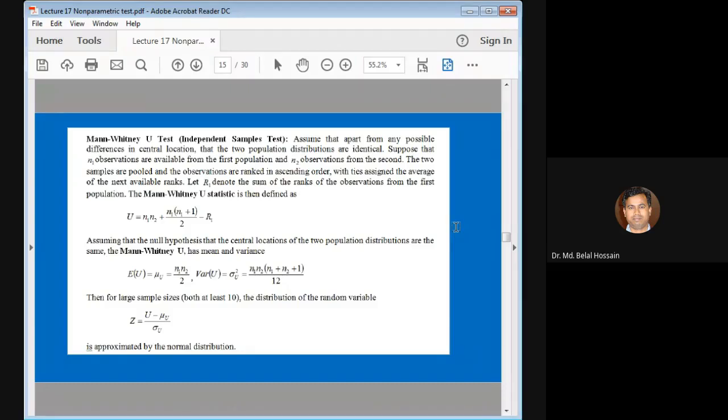We don't need R2. Okay, Tanjim, we don't need R2. We need only R1 and then expected value of U and sigma of U and Z. Okay. Now calculate expected value of U and sigma square of U and then Z.